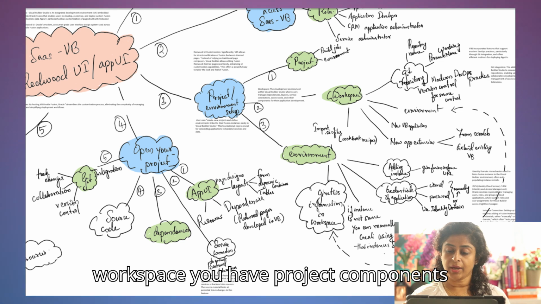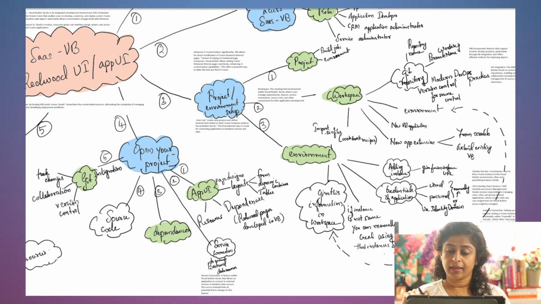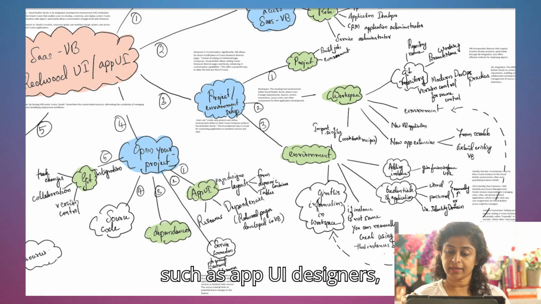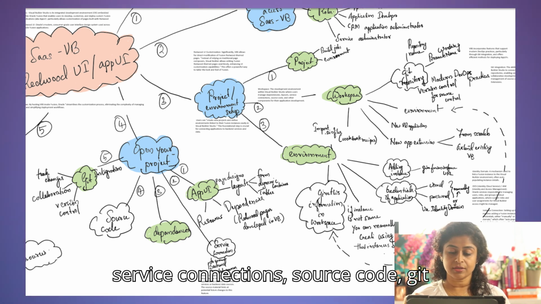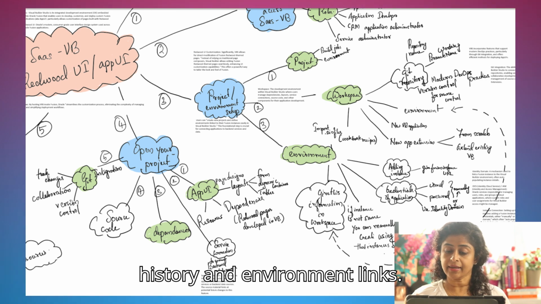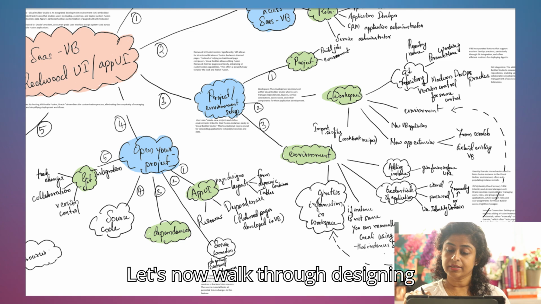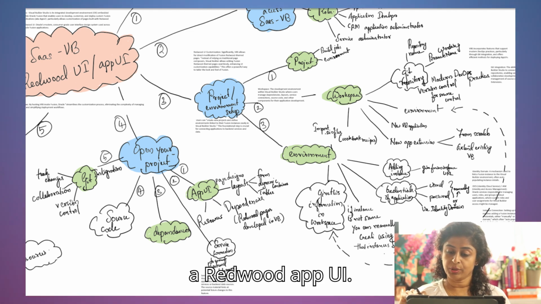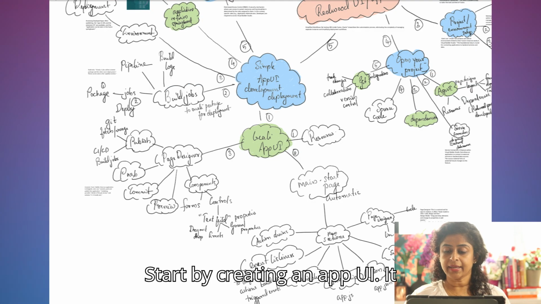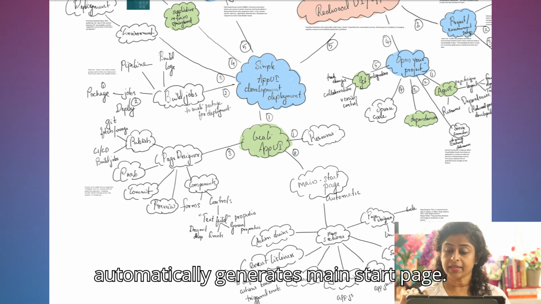Inside the workspace, you have project components such as app UI designers, service connections, source code, Git history, and environment links. Let's now walk through designing a Redwood app UI. Start by creating an app UI. It automatically generates a main start page.